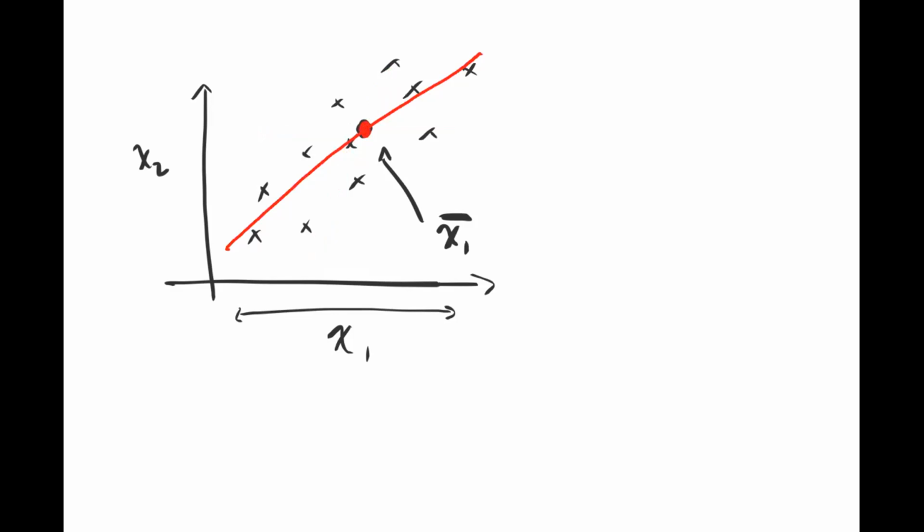And you can do this for all of the different variables. So x1 like that. You can look at the average value for x2. Maybe that's something like here. And this is x2 mean. And then you can look at the relative size of your principal components of each of your variables.